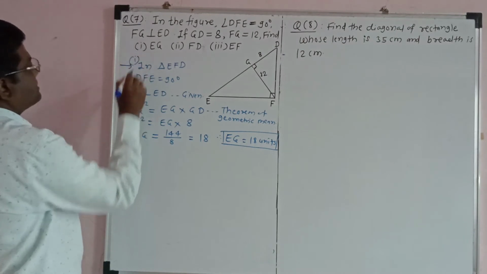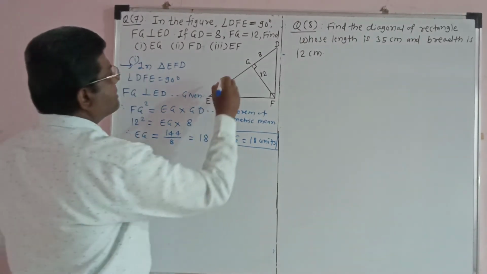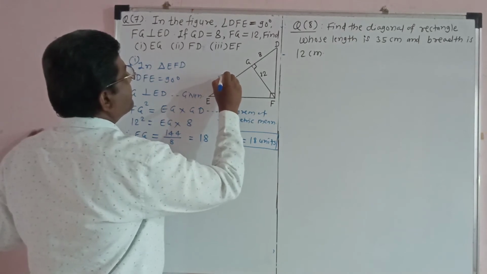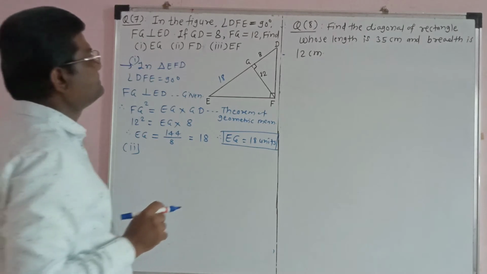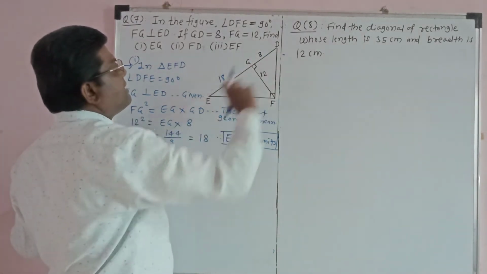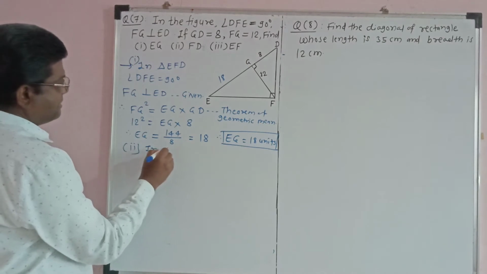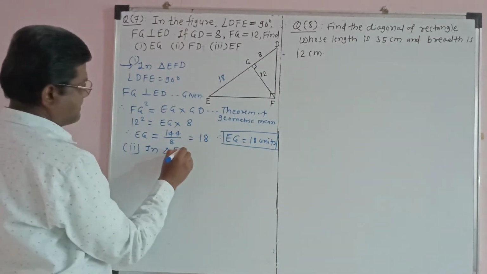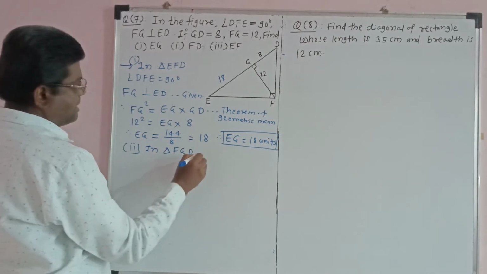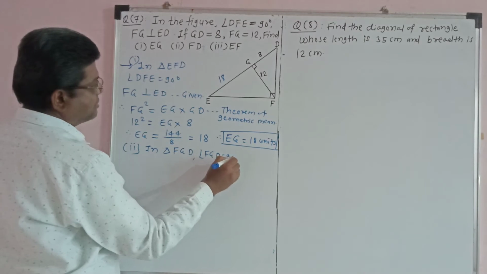This is the first. Now second, this EG is 18 now. Second, we have to find FD. In triangle FGD, angle FGD is equal to 90 degrees.